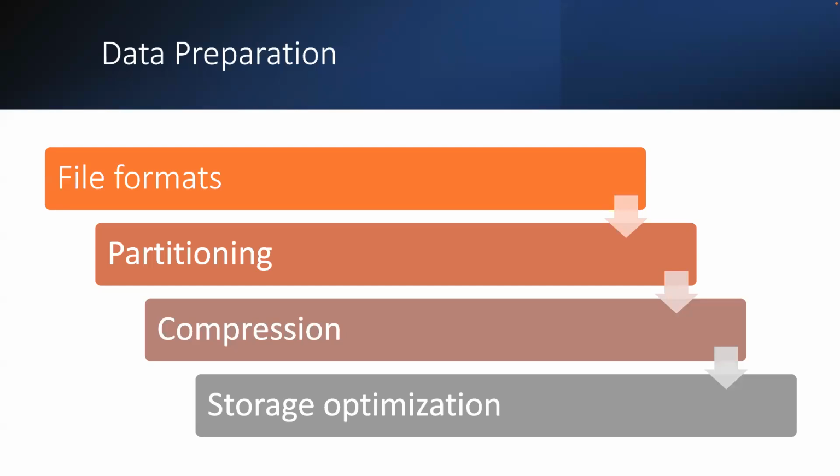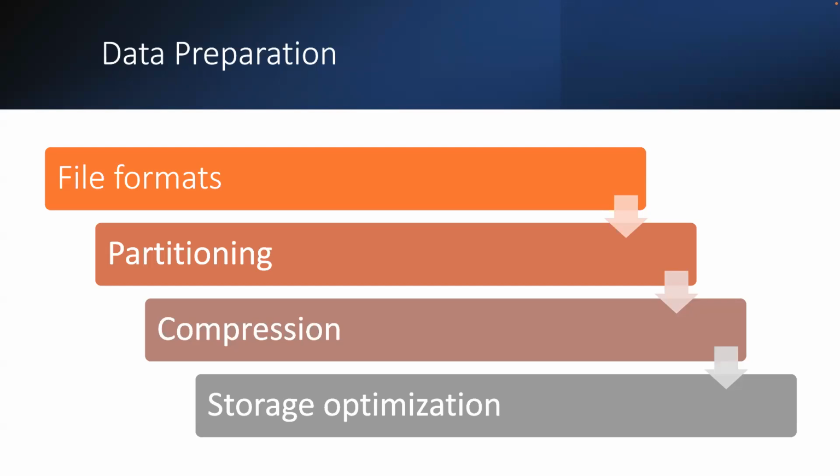On the data level, you're basically doing data preparation, which is picking different file formats, partitioning, compression, storage optimizations, right? For the file formats, you have different types, like row format and columnar format, right?